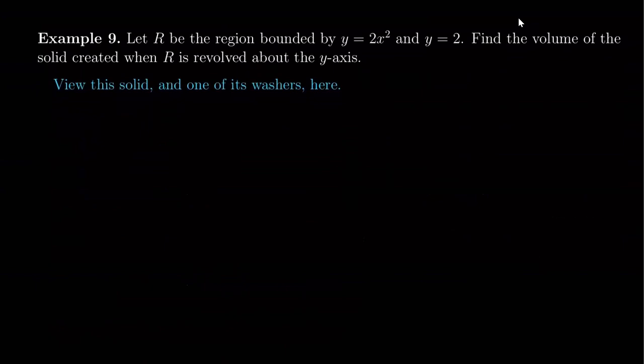R is the region bounded by y equals 2x squared and y equals 2. I'm going to find the volume of the solid created when R is revolved about the y-axis. Let's start off by drawing this in 2 dimensions. I've got y equals 2x squared, which we know looks a little something like that.